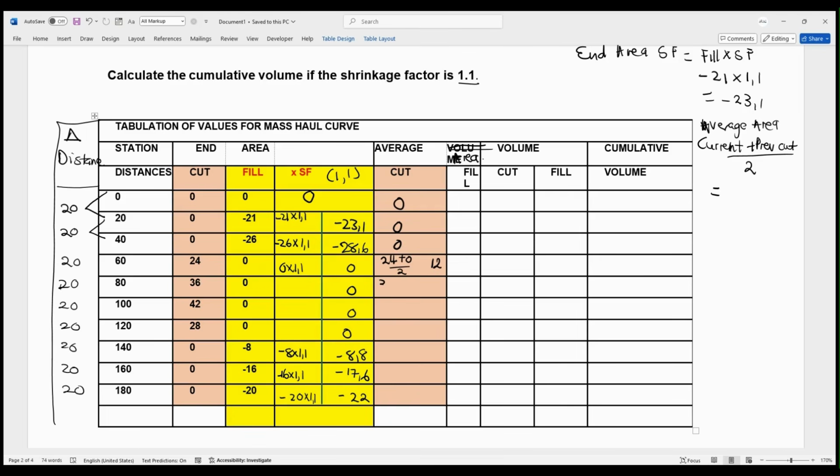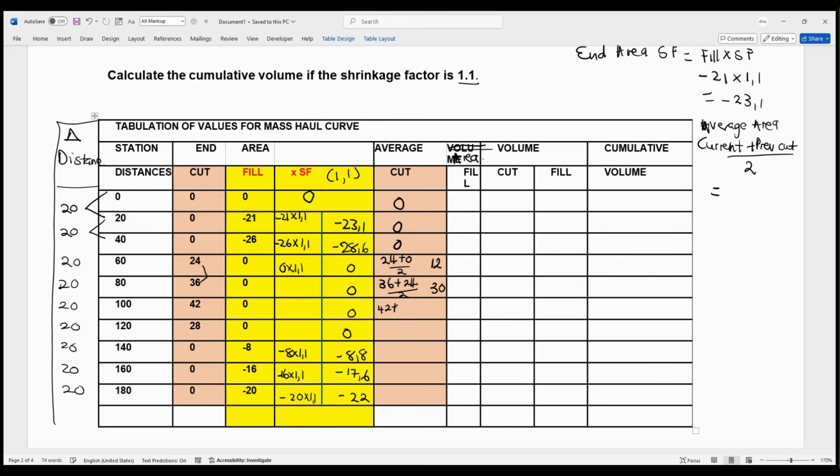Then 36, the current, plus the previous 24, divided by 2, is 30.